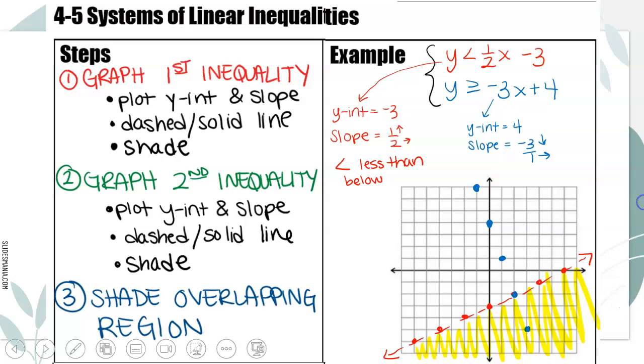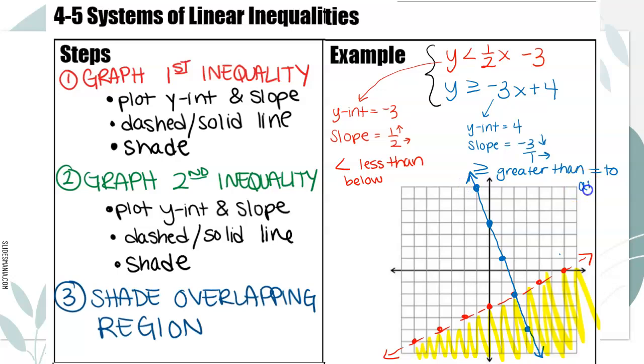So now I have to think about the fact that I have a greater than or equal to symbol. So that means I'm going to be using a solid line. When we have equal to, that means we have solutions on that line. And if it's greater than, that means I'm going to shade above the line.